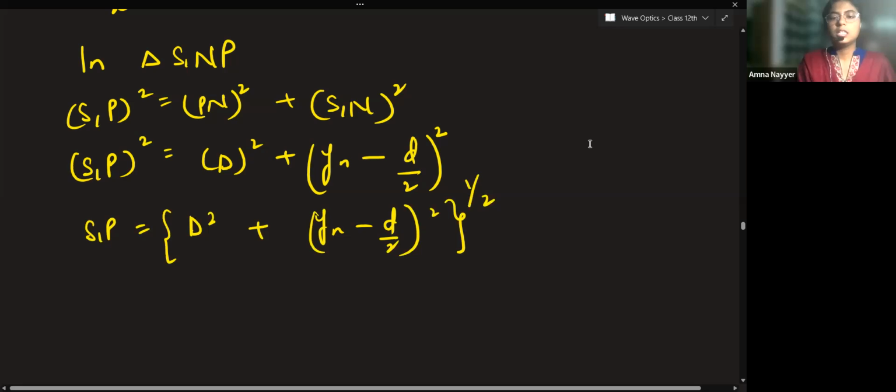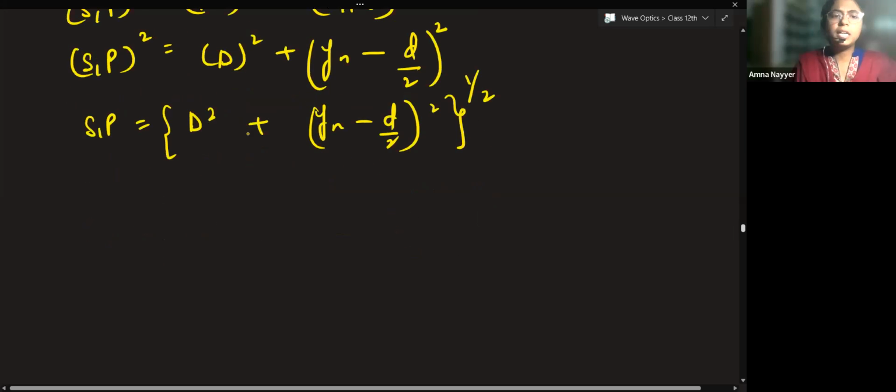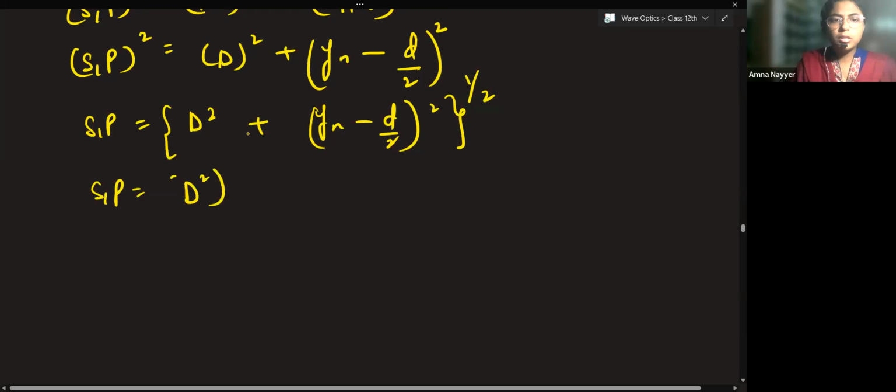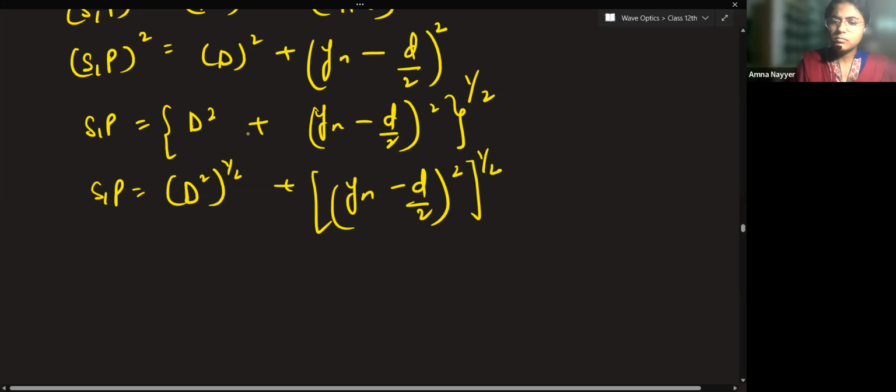Let's keep it till here first: S1P equals D square plus Yn minus d by 2 whole square, to the power half. Now let's do one thing. Let's take D square common.